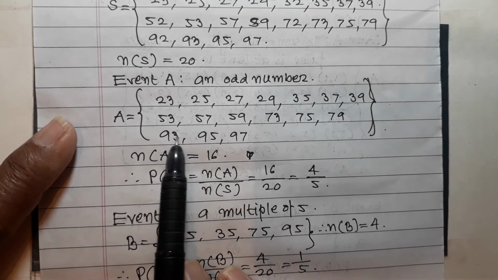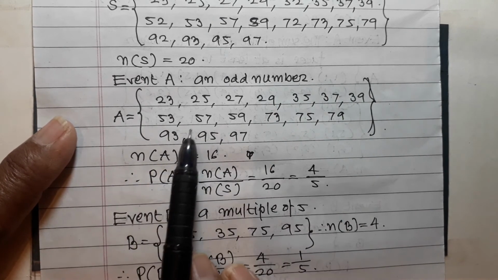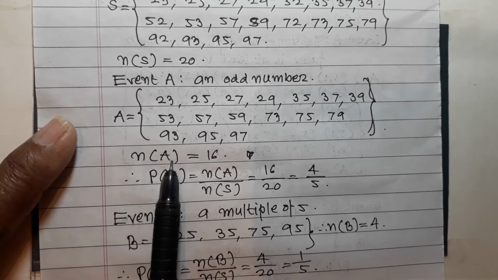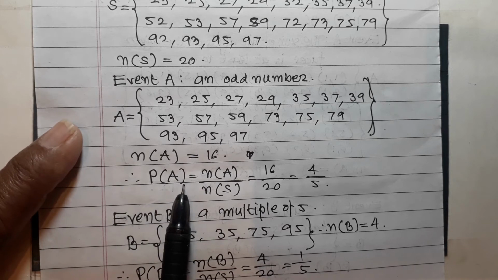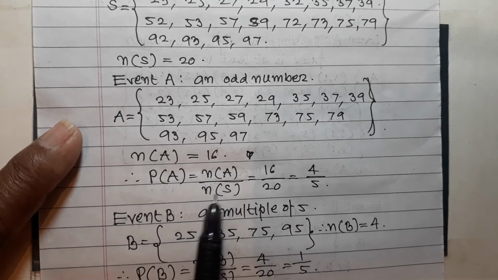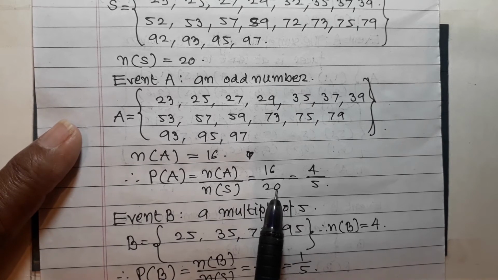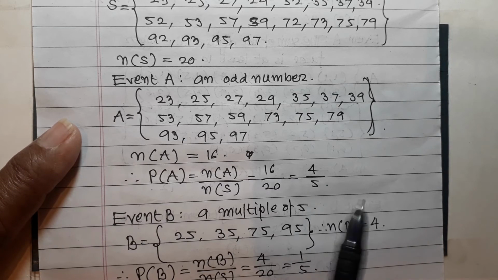All these are favorable outcomes for event A. So n of A is equal to 16, and therefore the probability of event A is equal to n of A upon n of S, which is 16 upon 20, equal to 4 upon 5.